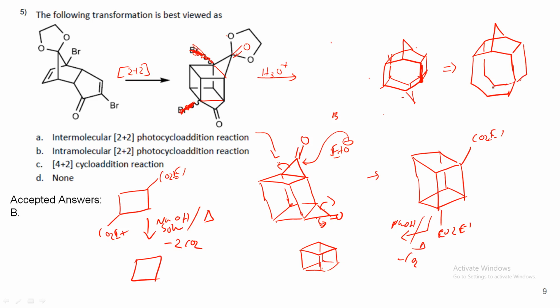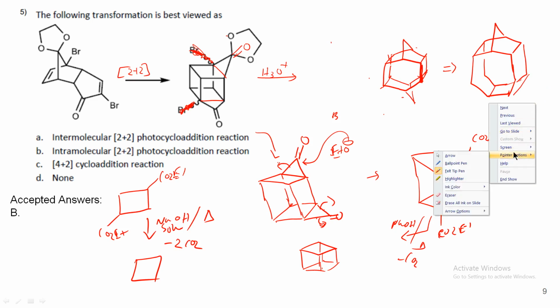Same way, here a 6-member ring would be there.